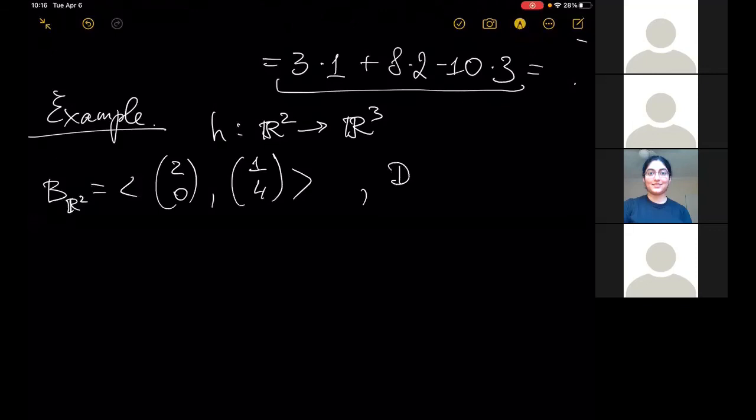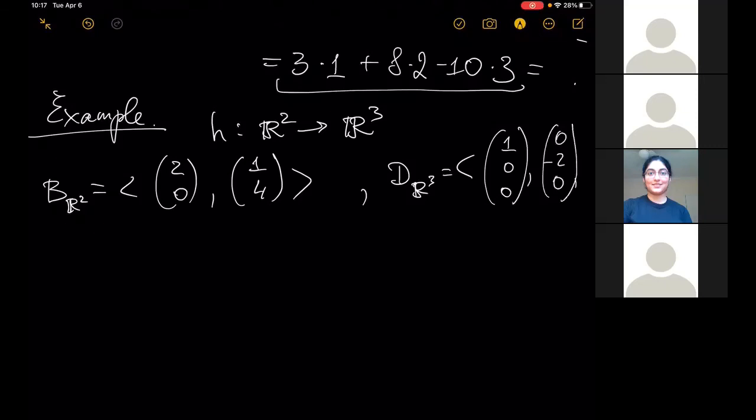And the basis in R3 is the following: (1, 0, 0), (0, -2, 0), (0, 1, 1).